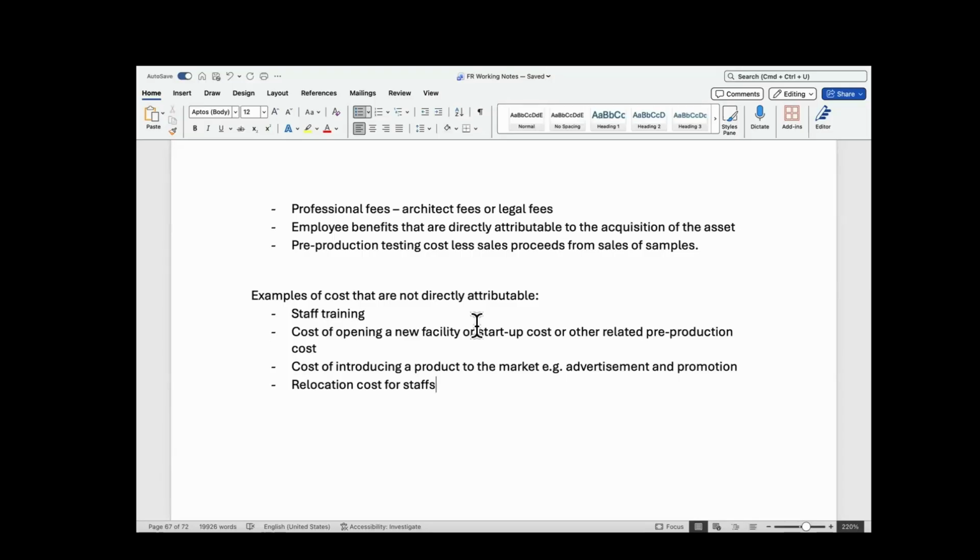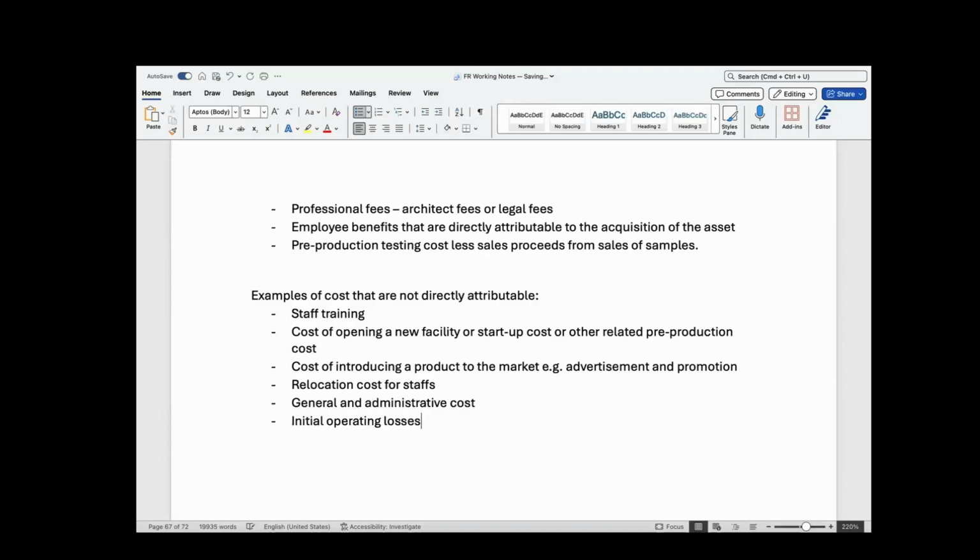They are automatically expensed as they occur, or any other general and administrative costs. Also is initial operating losses.